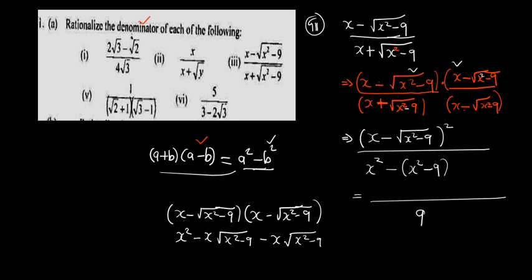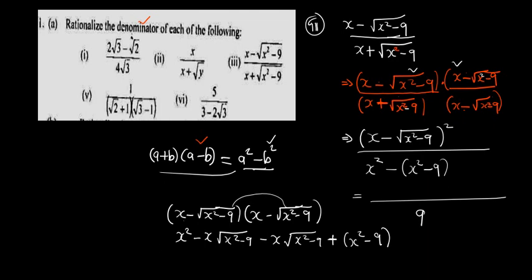Then again this thing times that will be positive, negative and negative. When this multiplies, the roots will just cancel, so you just get x squared minus 9.